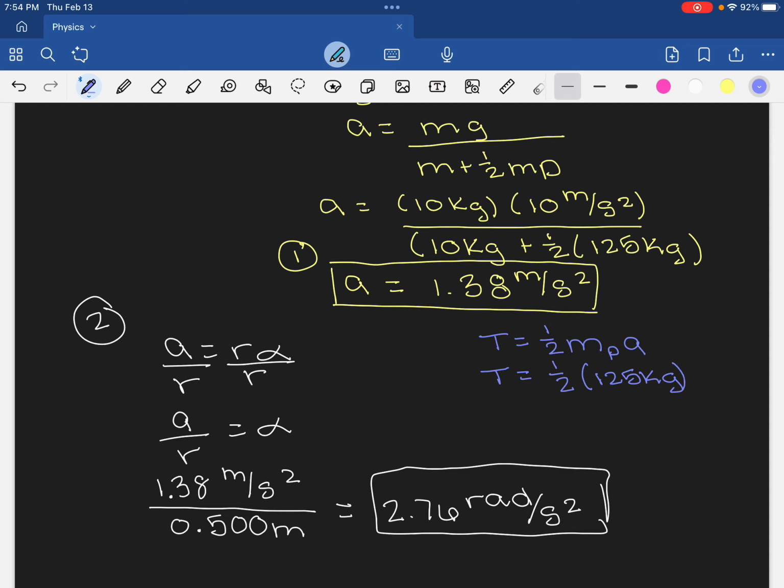And again, this is why you want to make sure that you label things so you know which one you're talking about. And this is A, not alpha, so we're going to plug in our 1.38 meters per second squared. What I end up getting for my tension is 86.25 newtons. So those are our different parts of this problem.